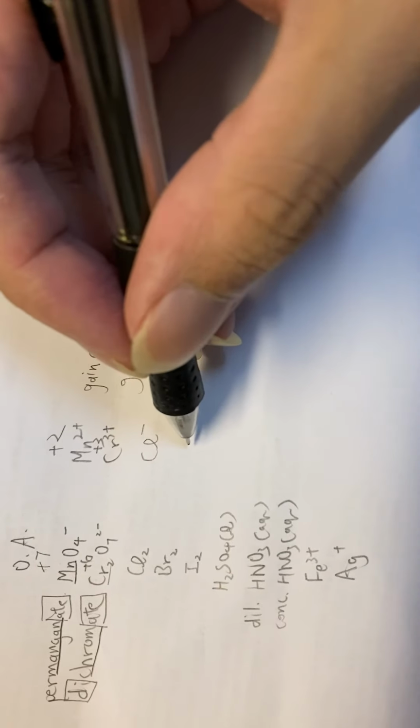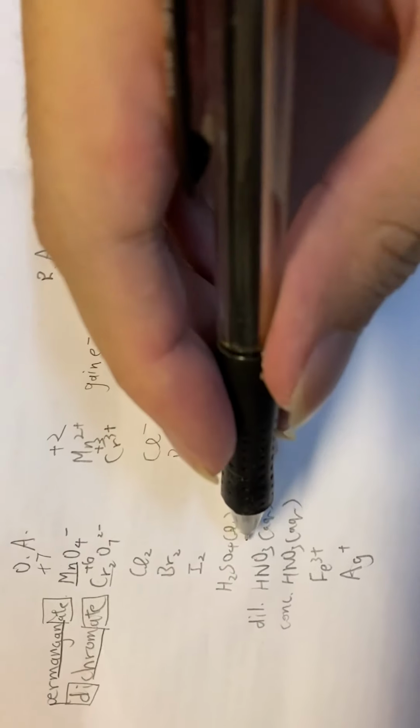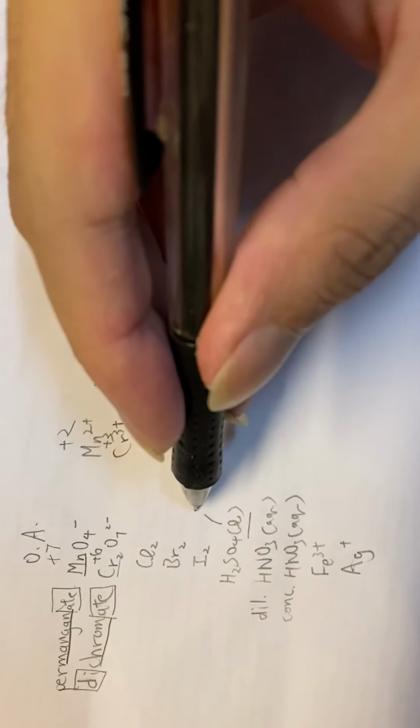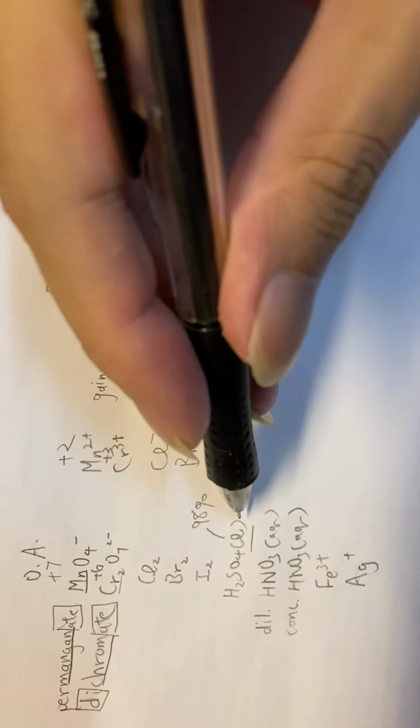And similarly for the rest of these species, the halogens will form their corresponding halide ions. And for H2SO4, be reminded that only in its concentrated state do we use the liquid state symbol to represent the idea. It's because concentrated sulfuric acid consists of H2SO4 of 98% by mass, and only 2% is water.